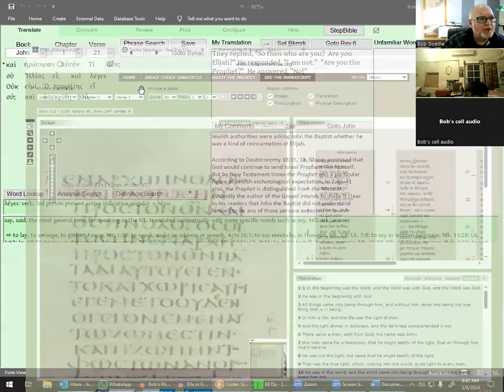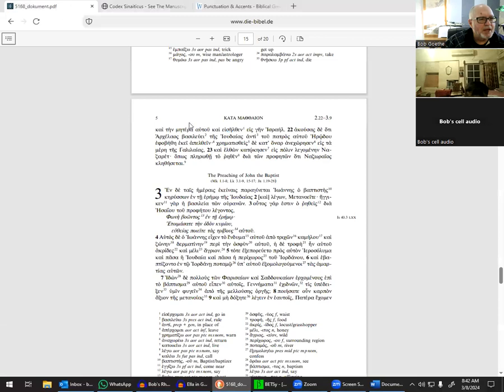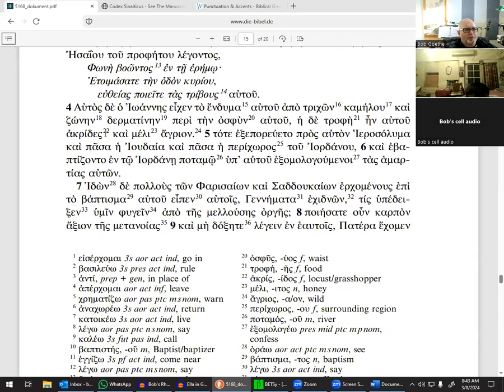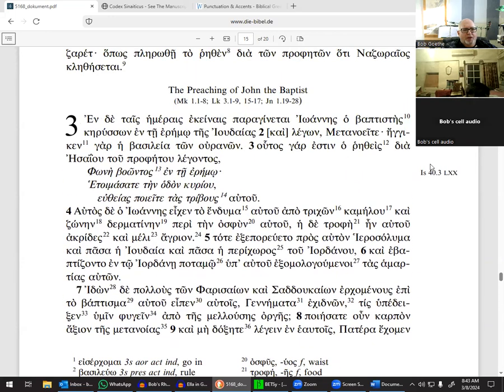So as you look, if you get a printed copy of the Greek New Testament, you asked about paragraph breaks, and you're going to see them here. We've got a paragraph break here, of course, at the beginning of a chapter. And we have another paragraph break here, and you can see it because there's a space there. And we have a title.